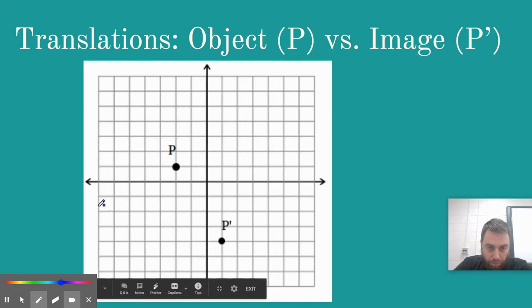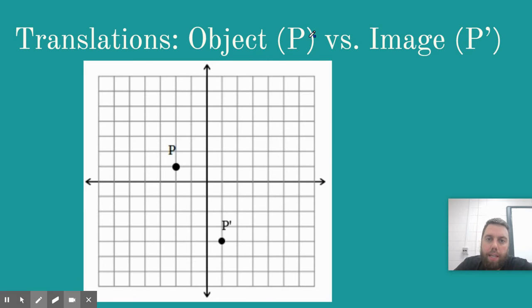Now, some important notation is this little, what we call prime right here, this little tick mark, okay? We see the P is the object without the tick mark, but when we have the tick mark, that's the image, that's the new object, okay? And to get from here to here, we notice we've been 3 to the right and 1, 2, 3, 4, 5 down.